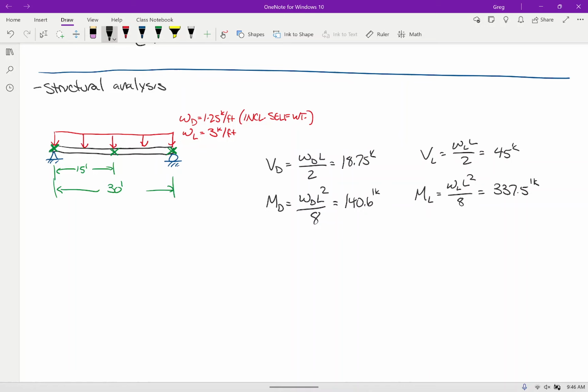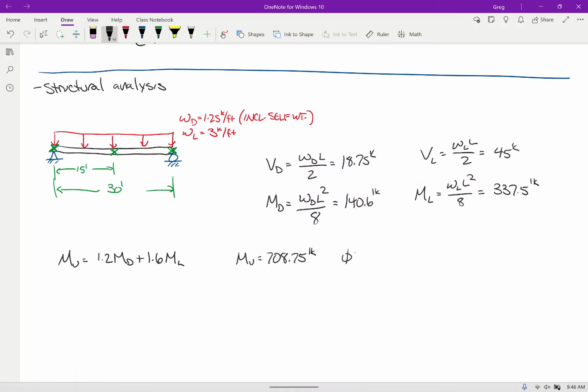So for moments, we get 1.2 moment dead plus 1.6 times the live load moment, and we get an MU of 708.75 foot kips.